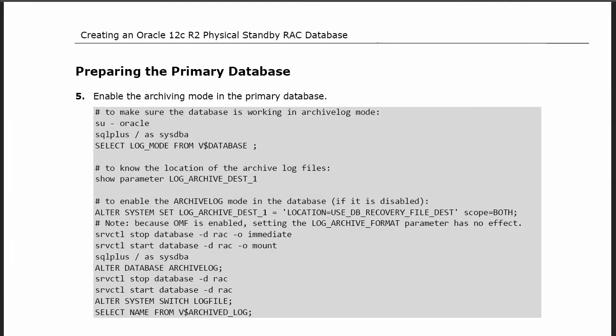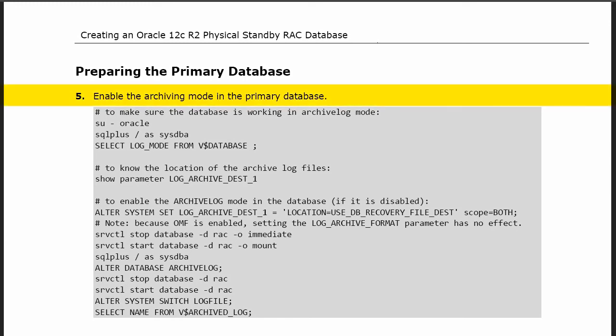I will go now through the steps to prepare the primary database. First, I will make sure that the archiving mode in the primary database is enabled. As you know, you must enable the archiving mode in the primary database to configure the Data Guard.